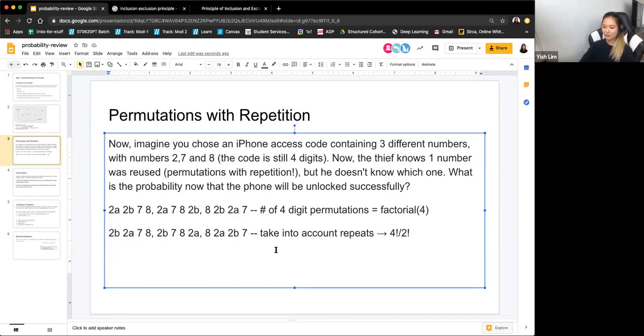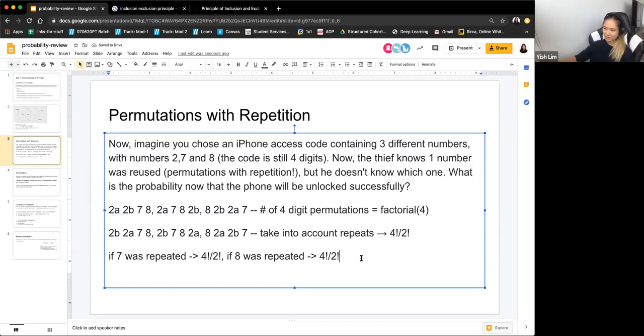So if 7 was repeated, it's another 4 factorial over 2 factorial combinations. And if 8 was repeated, it's another 4 factorial over 2 factorial number of permutations.